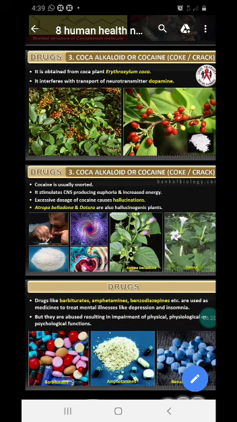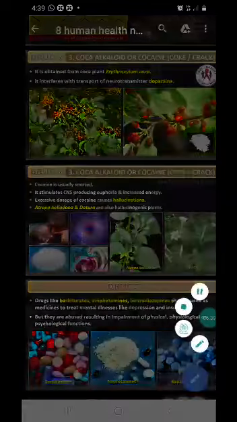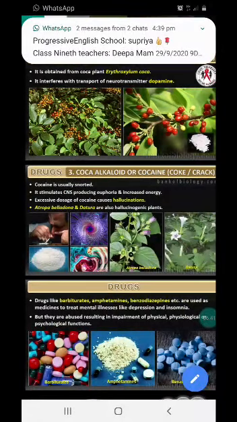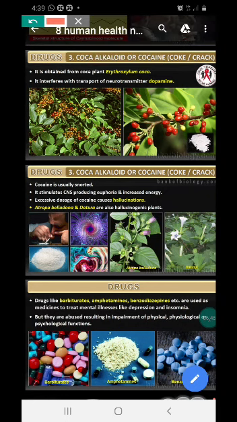So it stimulates our central nervous system, producing euphoria. What is euphoria? Euphoria means a very nice feeling. You feel happy. Okay, and increased energy. Excessive dosage of cocaine causes hallucination.